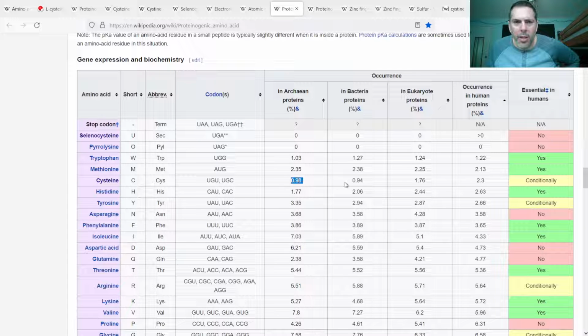So you can kind of see here cysteine is more rare in your prokaryotes and more common in eukaryotes and a little bit more common in humans.